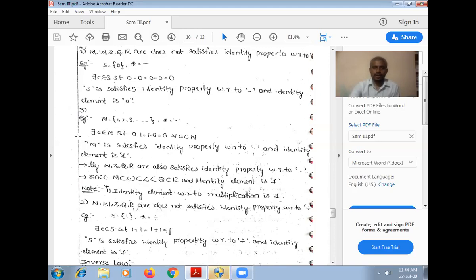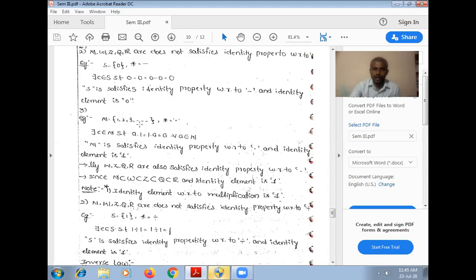Then there exists E belonging to N such that A dot 1 equals 1 dot A equals A for all A belonging to N. If we multiply every element of N by 1, we get the same element again. So in place of E we have 1, and 1 is a natural number. 2 into 1 equals 2, and 1 into 2 equals 2, and similarly any value in N multiplied by 1 gives the same value.